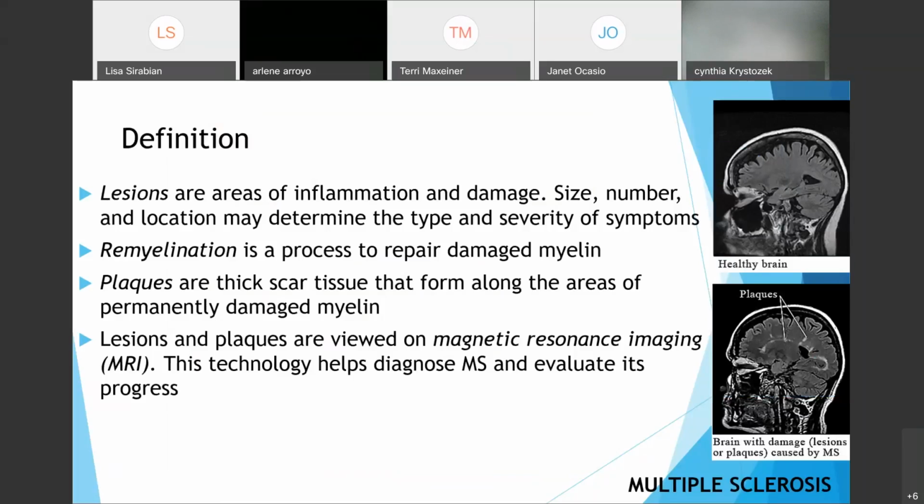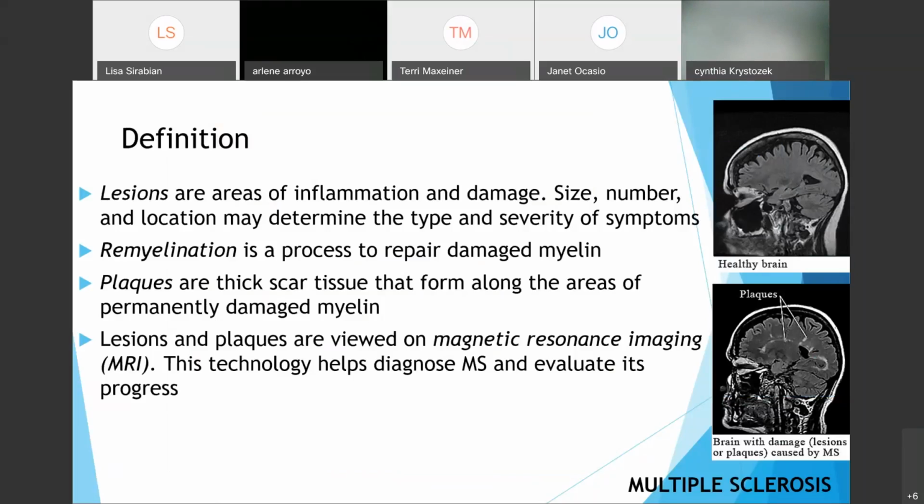So what do they do to diagnose this? Well, a big part of the diagnosis is going to be MRI. And also following along the progress, they may use MRI as well. So what they look for are lesions and plaques. And a lot of the literature kind of uses them interchangeably.